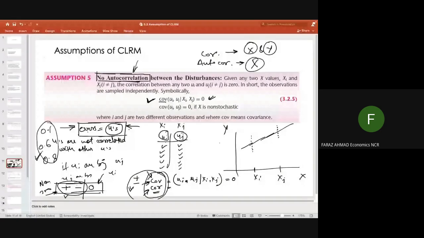Correlation is the strength of linear association between two variables, x and y. Autocorrelation is also the strength of linear association, but not between two variables, but between the values of the same variable x. Here we are talking about one variable, and that is the errors.